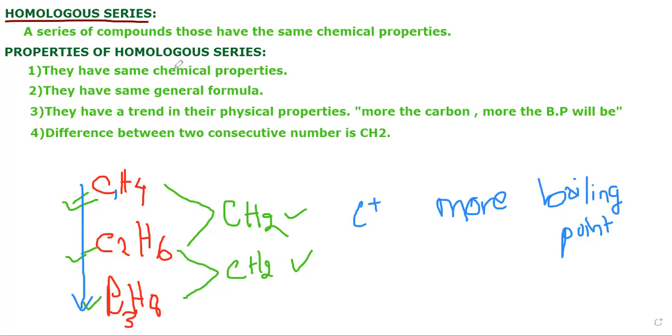There are four main properties of homologous series. Number one, the same chemical properties. Number two, the same general formula. Number three, they maintain a trend in their physical properties. Number four, the difference between two consecutive members will always be CH2, as shown here.